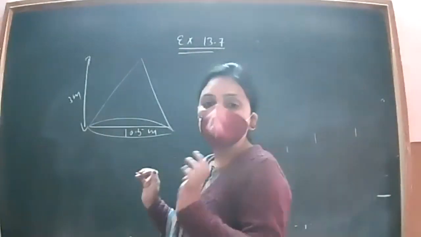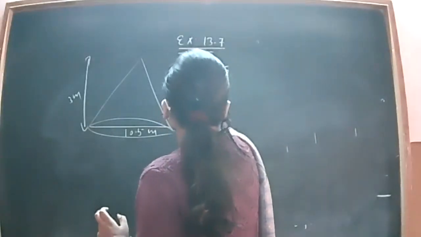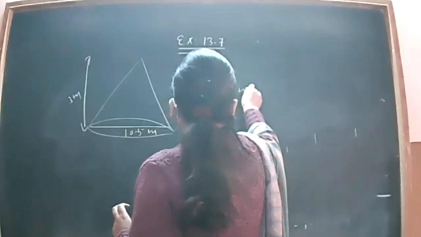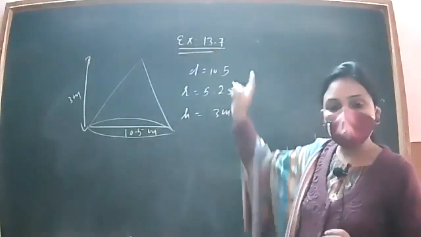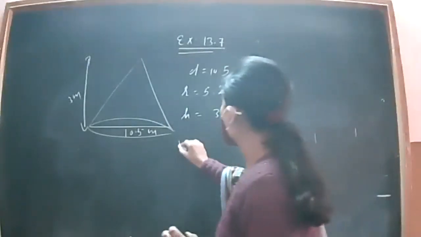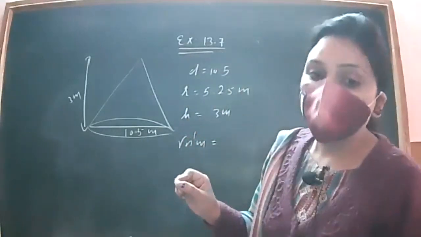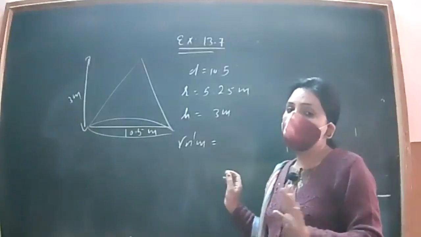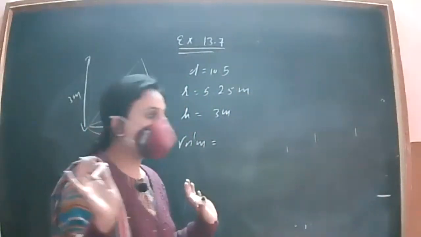Let us first write the dimensions. Diameter is equal to 10.5, so radius is equal to 5.25 meter and height is equal to 3 meters. Diameter, radius and height, right? So volume is equal to the formula for the volume of the cone. I hope that you all know the formula because we have done this so many times, and in the Diwali celebration you would not have forgotten your formula, right?